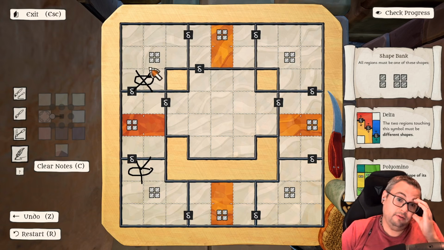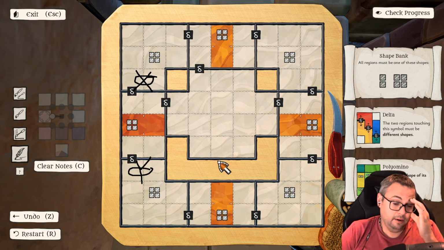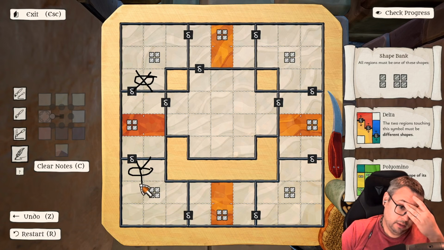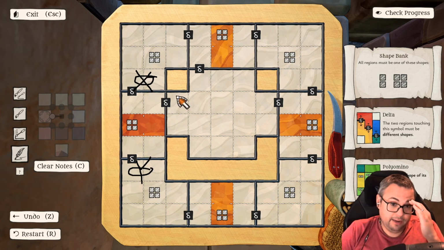Whichever one is a square forces the other one here to be a domino. Oh, I guess this I could mark as also an X. Whichever, because this is either a domino or a square, so these two are the same.